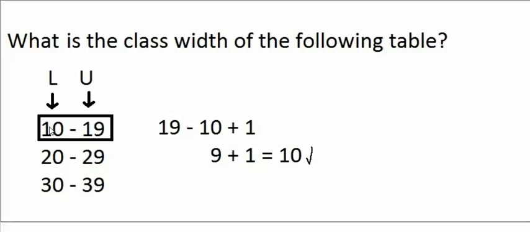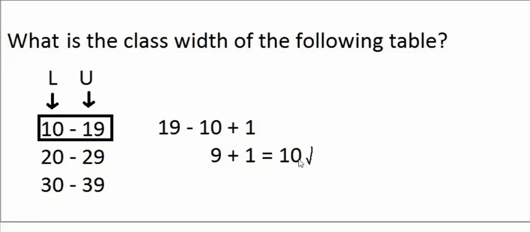The lower end, which is 10, is our lower boundary. We subtract the lower boundary from the upper boundary and add 1 at the end. 19 minus 10 is 9, and 9 plus 1 is 10. So in two steps, it gives us our answer of 10.